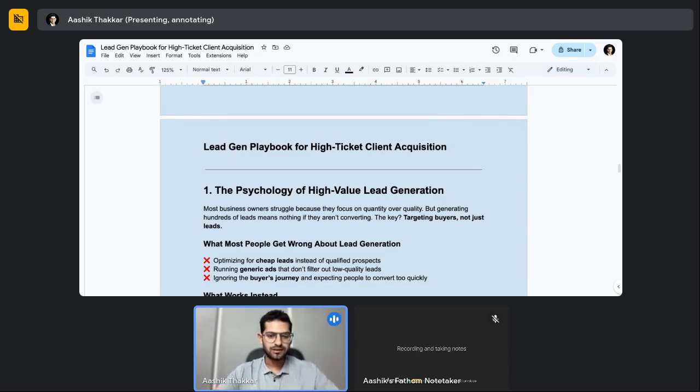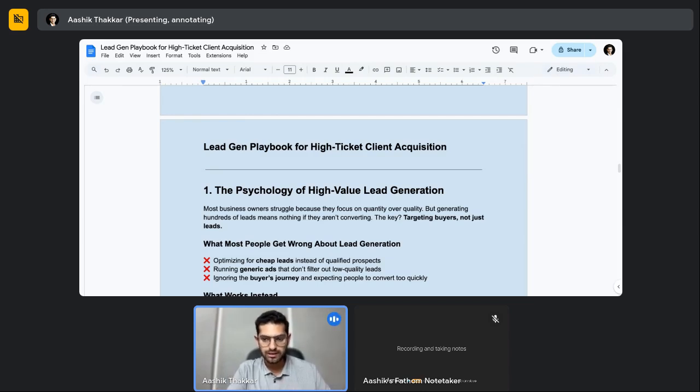Ignoring the buyer's journey and expecting people to convert too quickly. Now, whenever they work with any of their clients, each industry has a buyer's journey. For some businesses, the buyer's journey would involve just 2 or 3 steps.